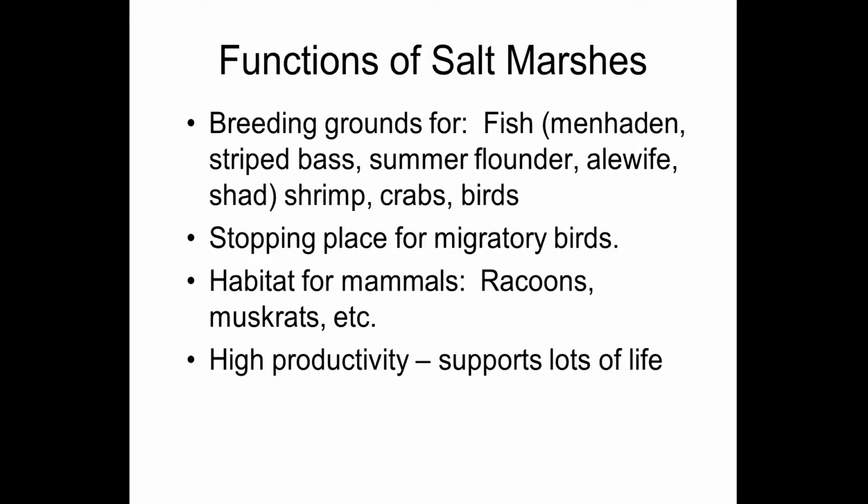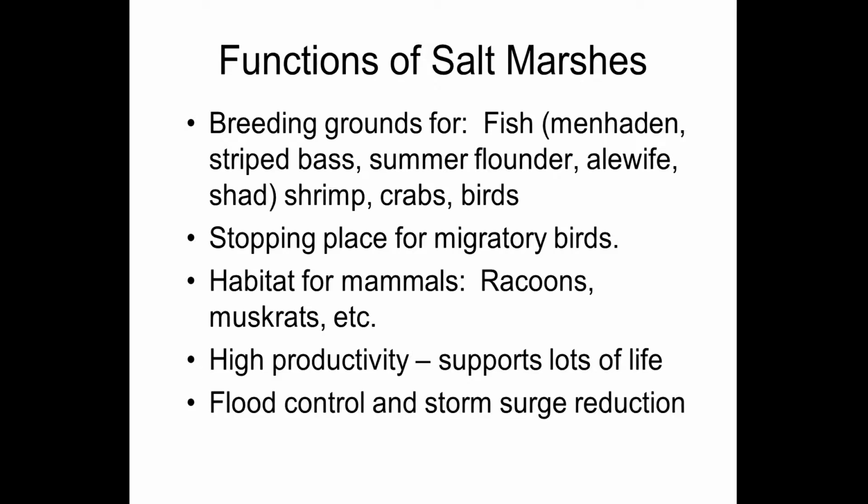Generally, if you're trying to think about a kind of environment with very high productivity, you may think of coral reefs, you may think of rainforests, and indeed those are very highly productive systems, but so are salt marshes. Another thing salt marshes do is they can help people in terms of flood control and storm surge reduction.